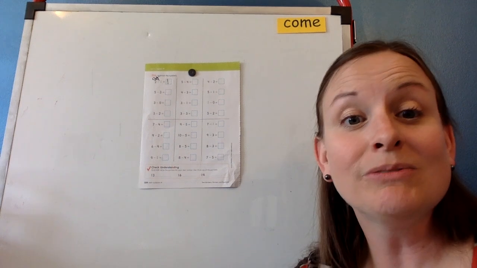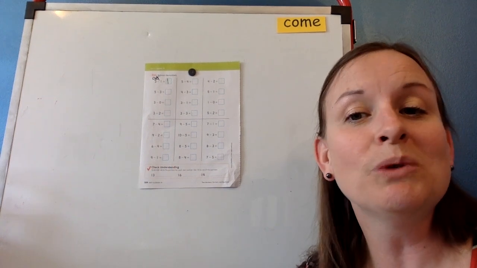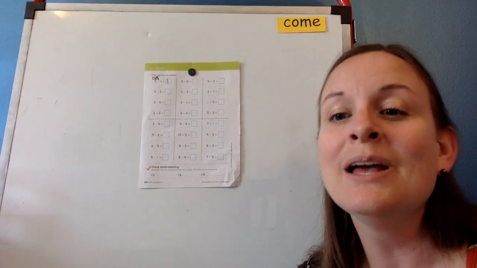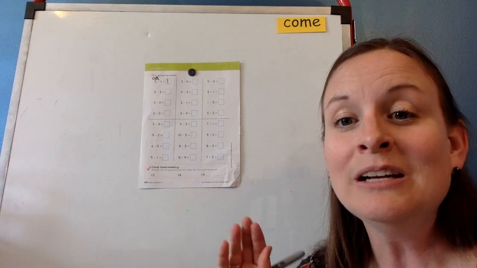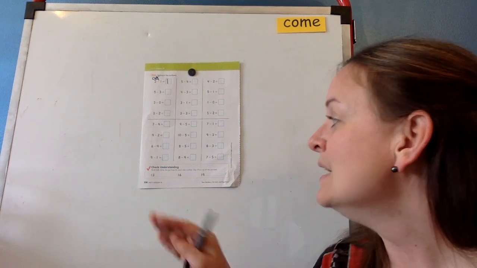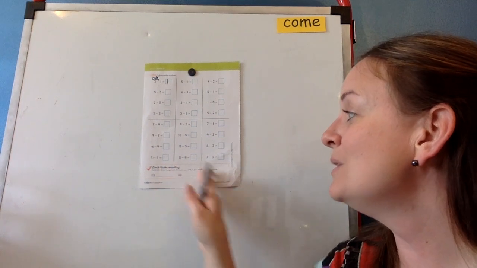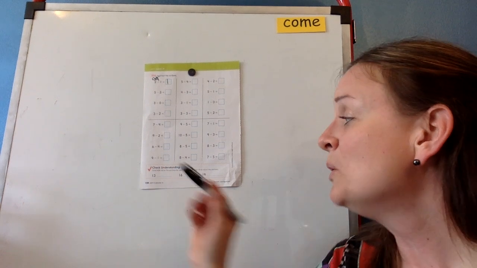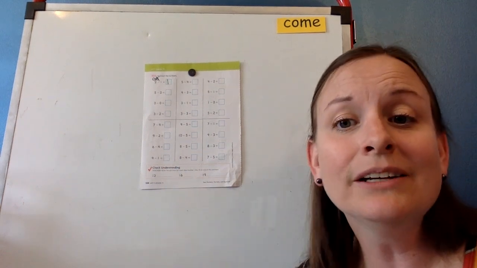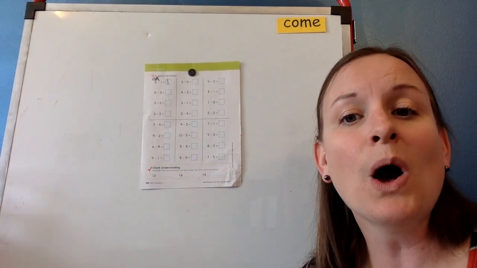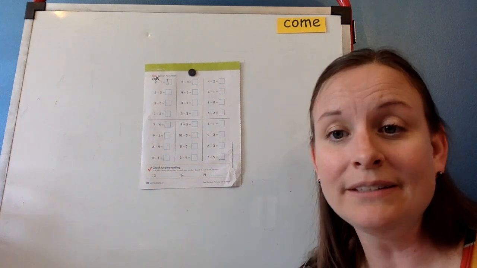Remember, if you need your fingers to help you or objects, you are welcome to use any of those things, but also try to start knowing these by yourself. Now we're going to look down here at the bottom. Now, when you have teen numbers in kindergarten, the teen numbers always have a 10 plus something.